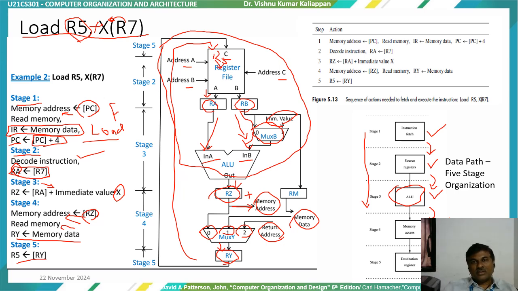These are the sequence of steps that I have just explained. First, the program counter holds a memory address, read the memory, move it to the instruction register, and increment the program counter. After incrementing, decode it, and after decoding, do the arithmetic operation.